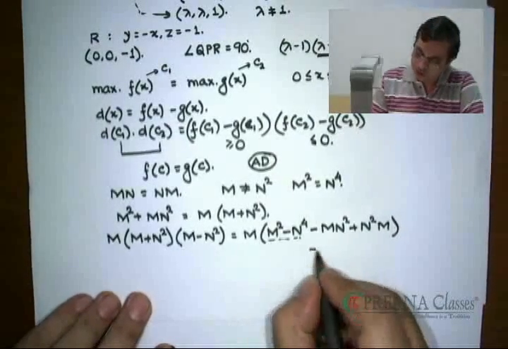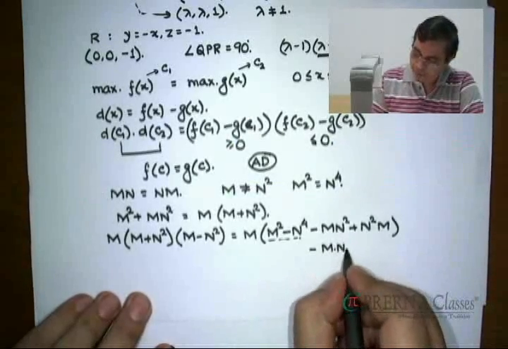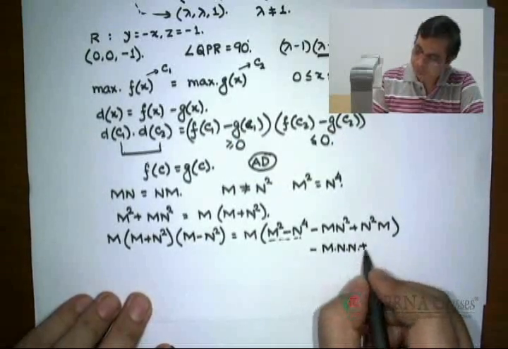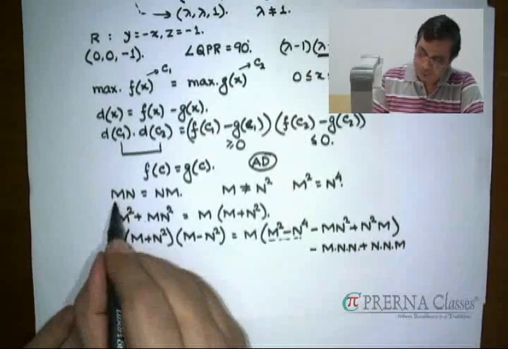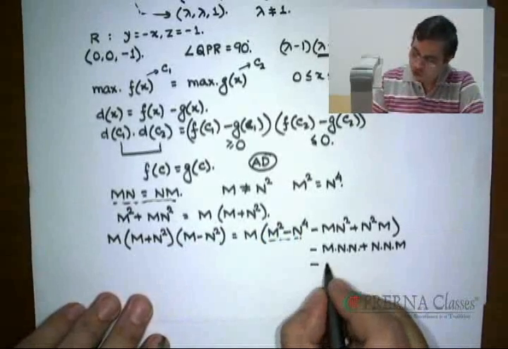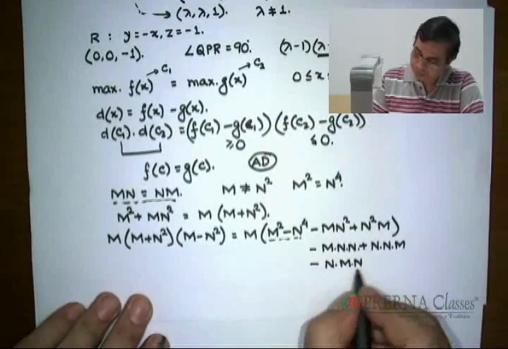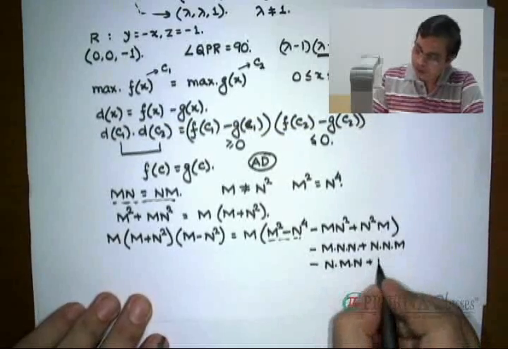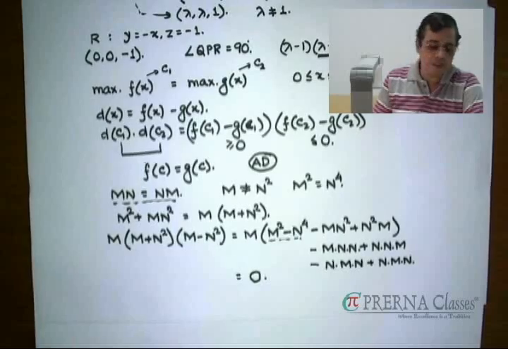As far as this is concerned, note that this is M into N into N, and the next matrix is, if we then utilize this condition, this first matrix can be written as, and similarly this matrix can be written as, both of these then are cancelling off. We are therefore getting this to be the null matrix.